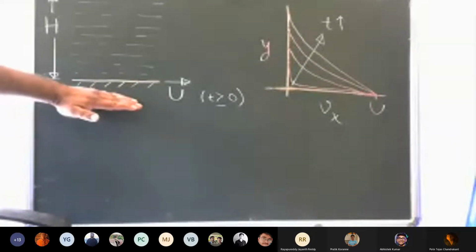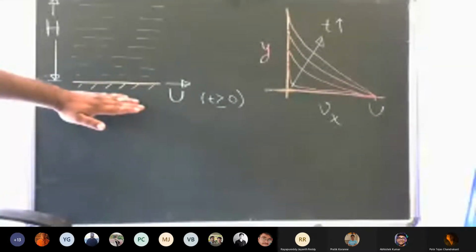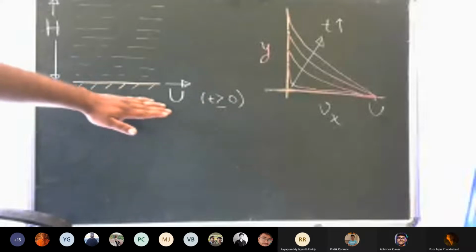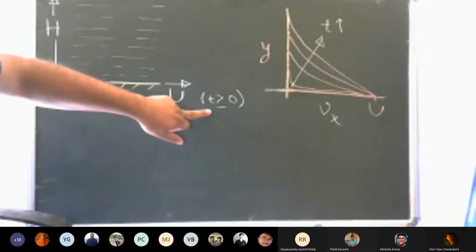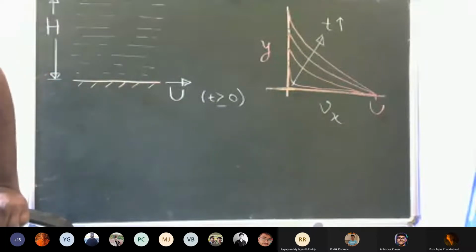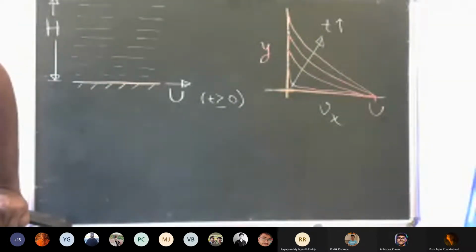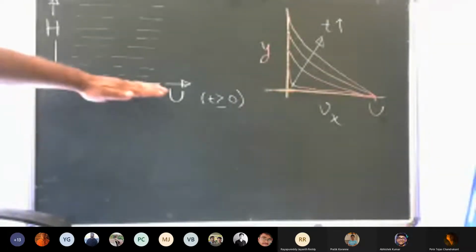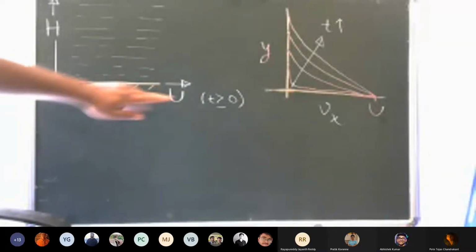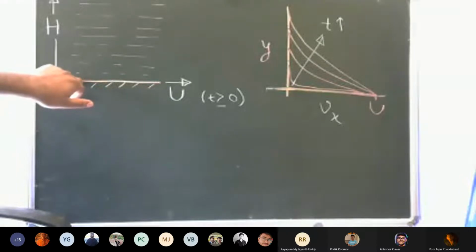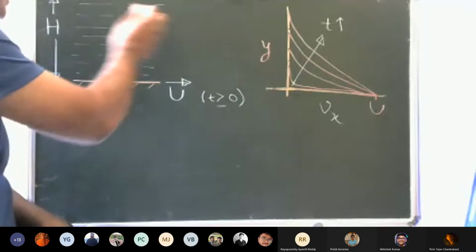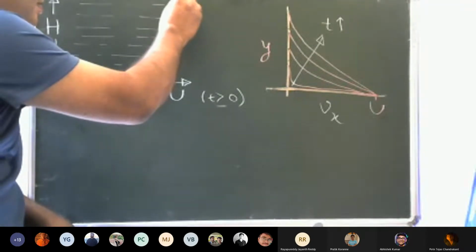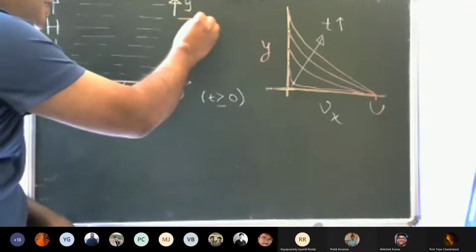So we start pulling this bottom flat plate with a fixed velocity u for all t greater than or equal to 0. What we discussed in the last class is that gradually the effect of this stress or energy which we are providing here will propagate in the liquid in the y direction, and this is the x direction.